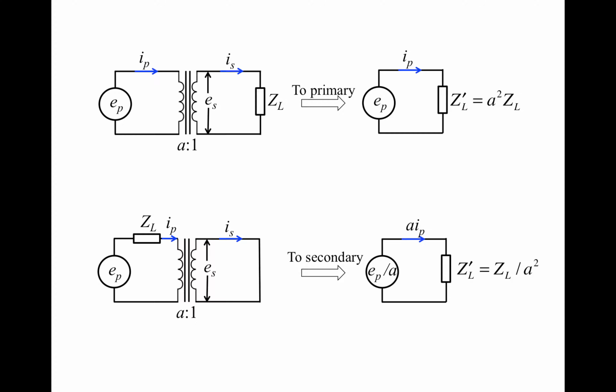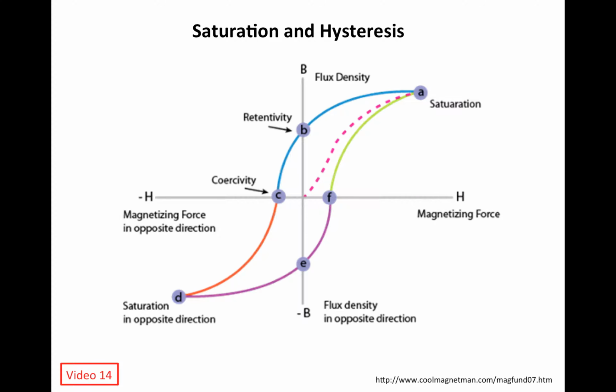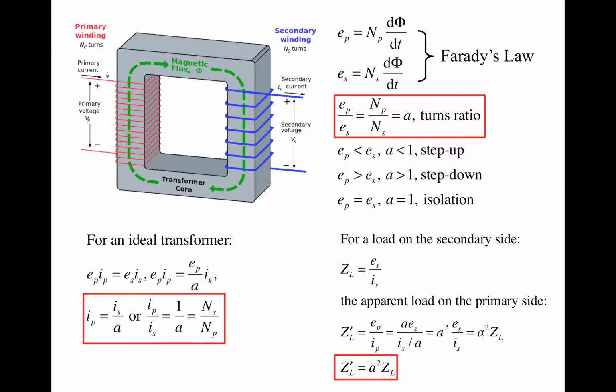For practical transformers, we need to account for several types of non-idealities. When we were deriving the voltage relation using Faraday's law, what we neglected was the fact that the magnetic flux inside the transformer coil is set up by passing a time-varying current through the primary side coil.